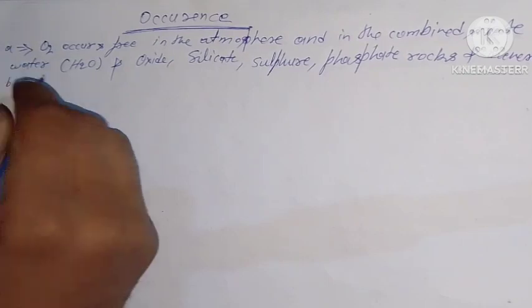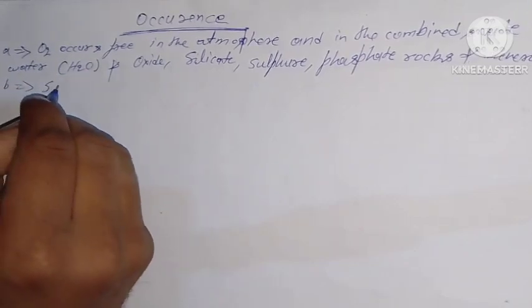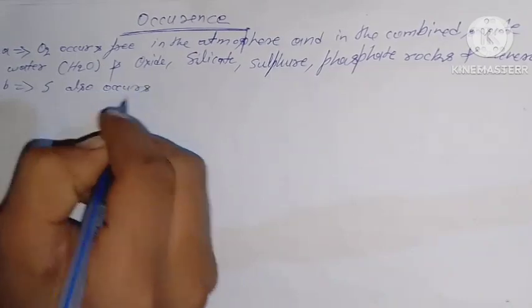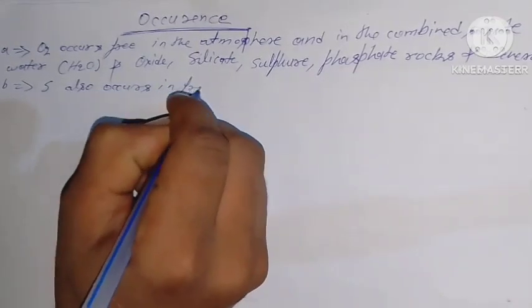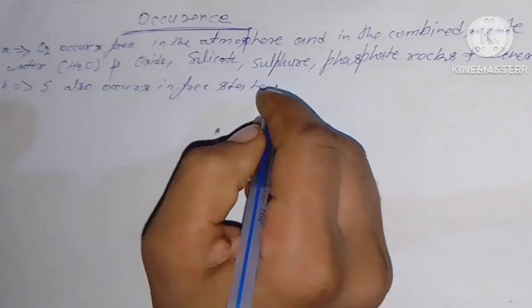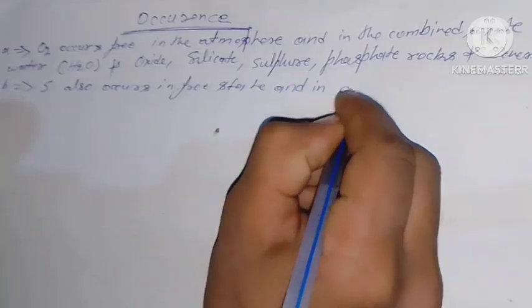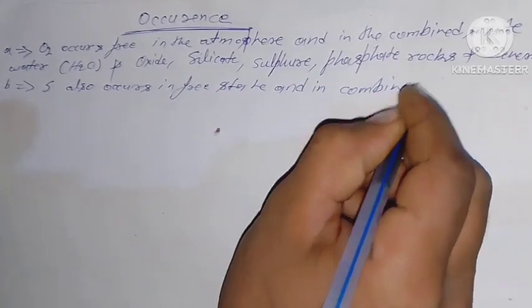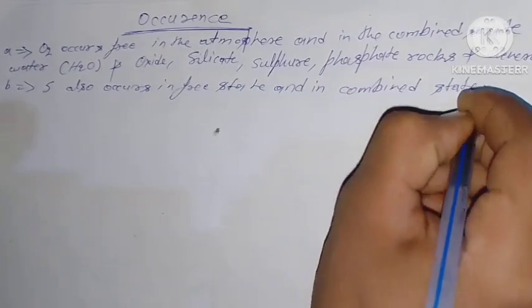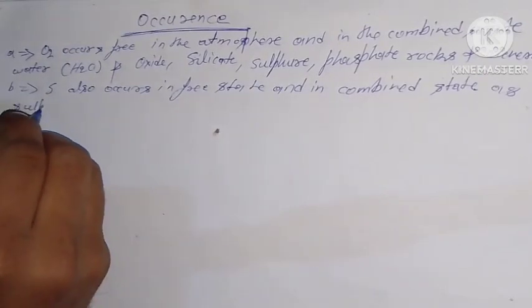B point. Sulfur also occurs in free state and in combined state as sulfide.